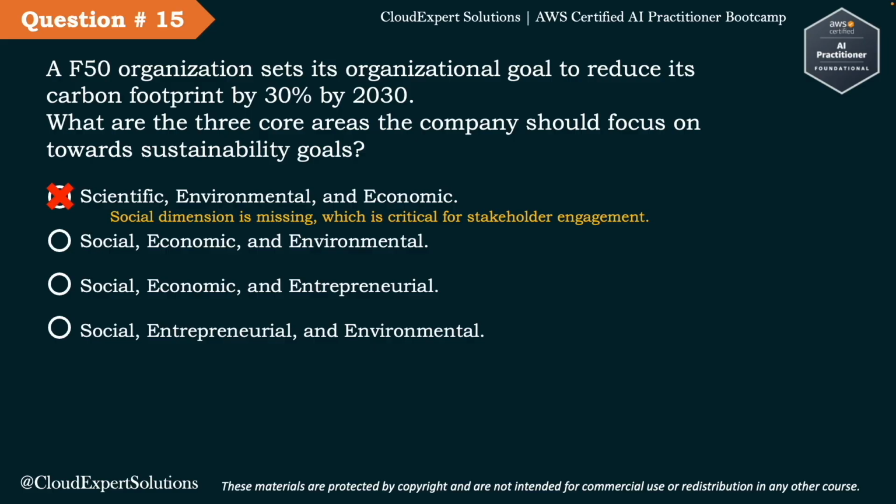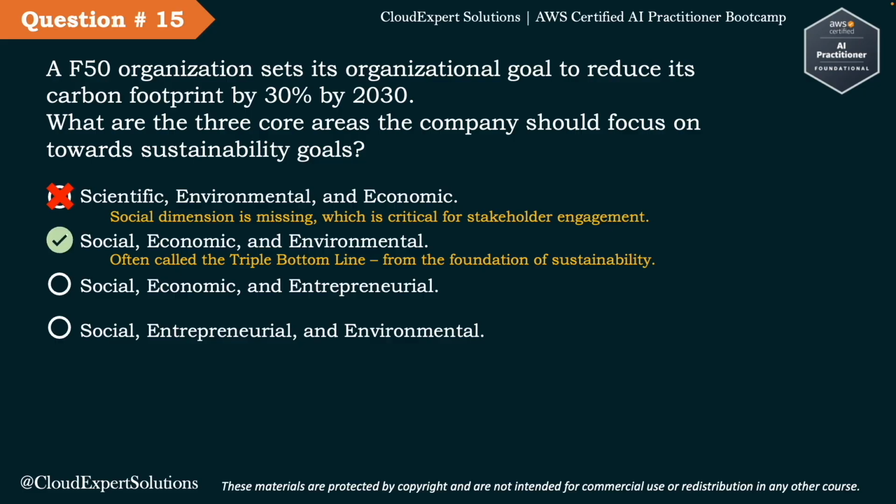Option number 2, social, economic and environmental. These three pillars, often called the triple bottom line, form the foundation of sustainability. Social focuses on people and communities, economics ensures financial viability, and environmental addresses ecological impact. That is why this is a potential correct option.